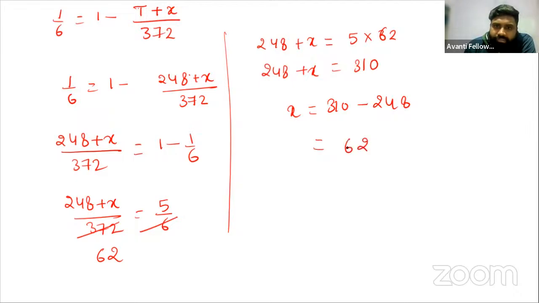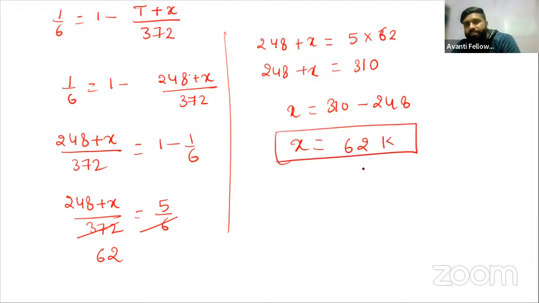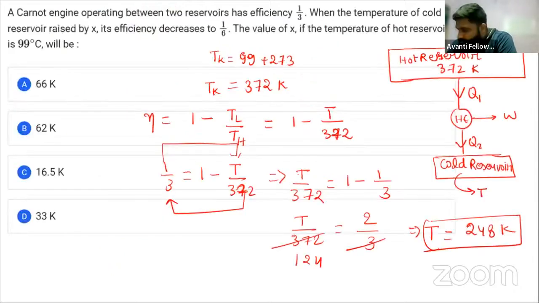Finally, it will become 62 Kelvin. Now X is nothing but 62 Kelvin, which means the temperature of the cold reservoir has now increased to 310. That is why the efficiency is decreasing. So 62 is the correct option.